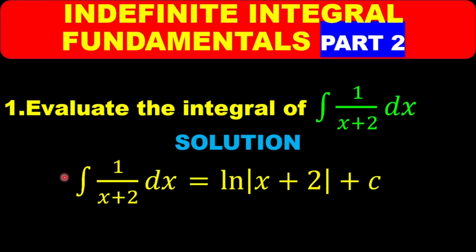But if it is 1, there is no need to write that 1. If the number at the top is more than 1, then it will come out. So the definition simply states that the integral of 1 over x plus 2 dx will give you the natural log of x plus 2.